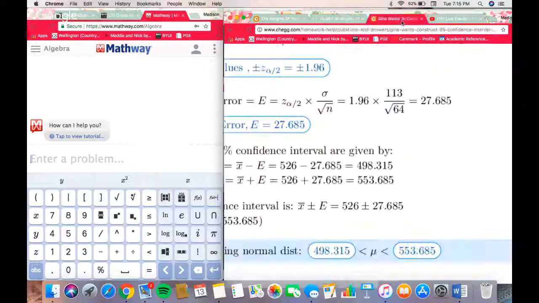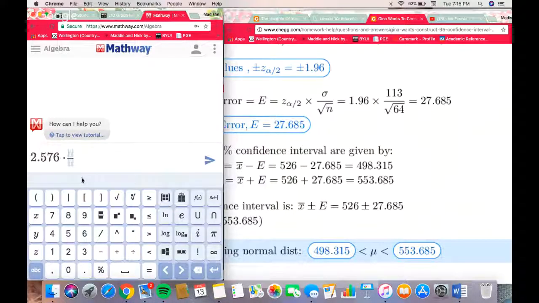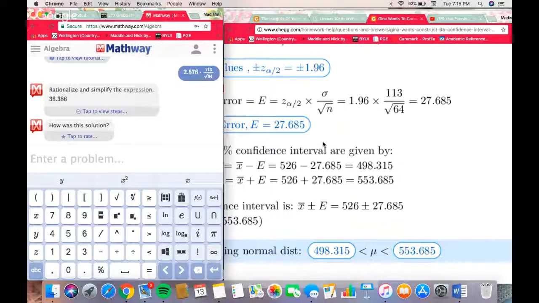Okay, 2.576 times 113 over square root of 64. 38.386, it's going to increase.